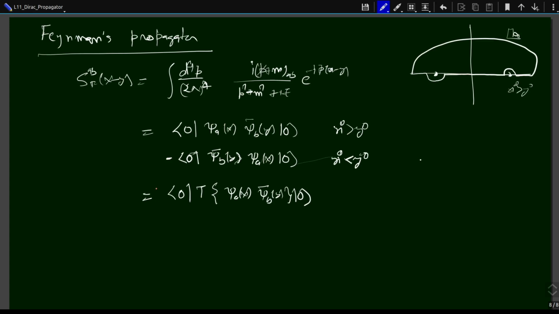Just to repeat one last time: when we talk about propagators or any time ordered products for fermions, all the rules are exactly the same, even for the contractions which give me the propagator. All the rules are exactly the same as in the case of scalars, except that when we swap two fields, we have a minus sign, because these objects are made of a's and b's and they anti-commute.